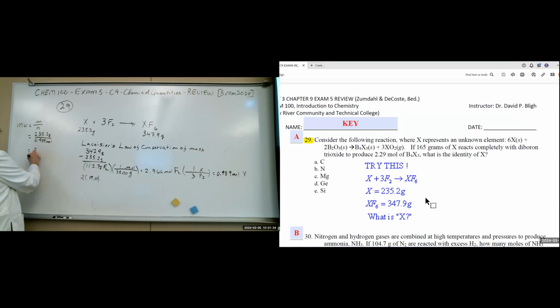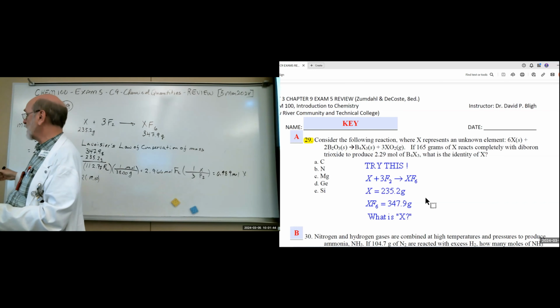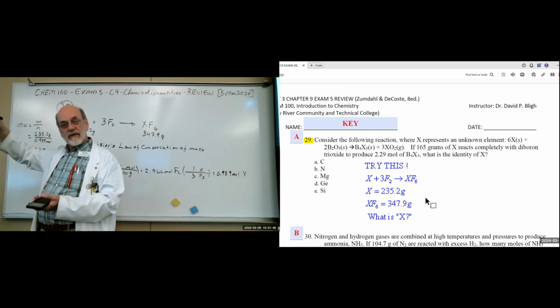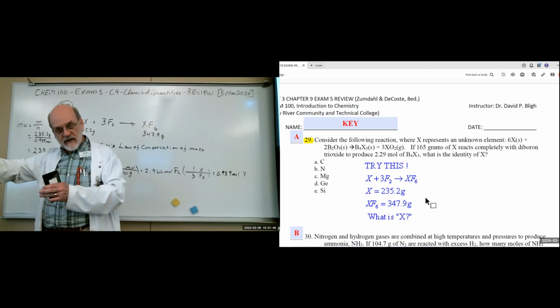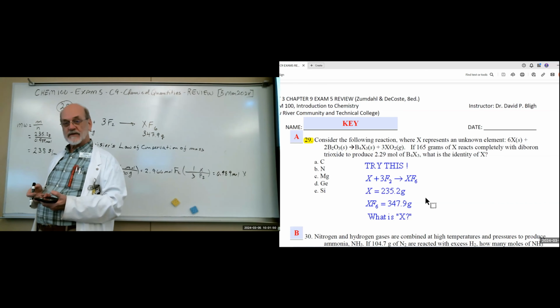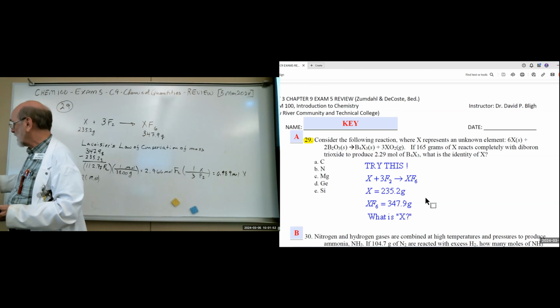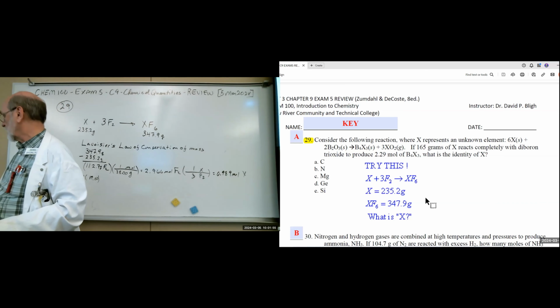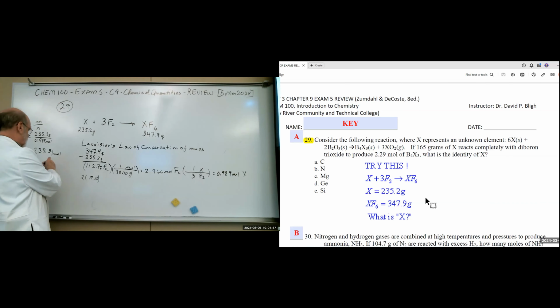And that's 238, 3 significant figures, grams per mole. So we look it up on the periodic table, top to bottom, left to right, increasing values of molar mass for the elements. And you follow it all the way down until you find the closest one to that, which is uranium.